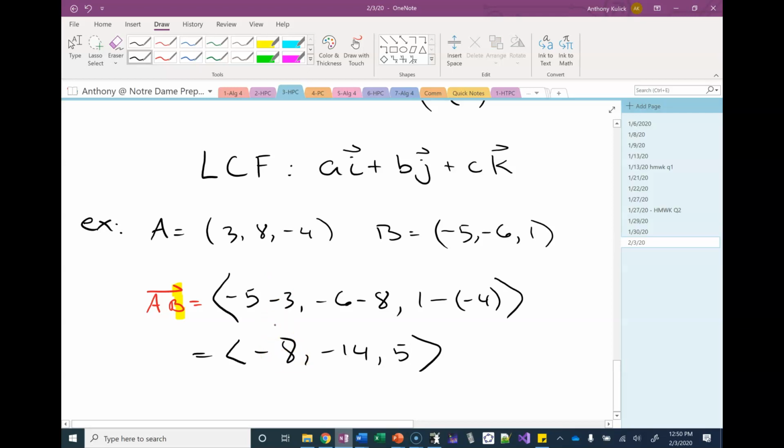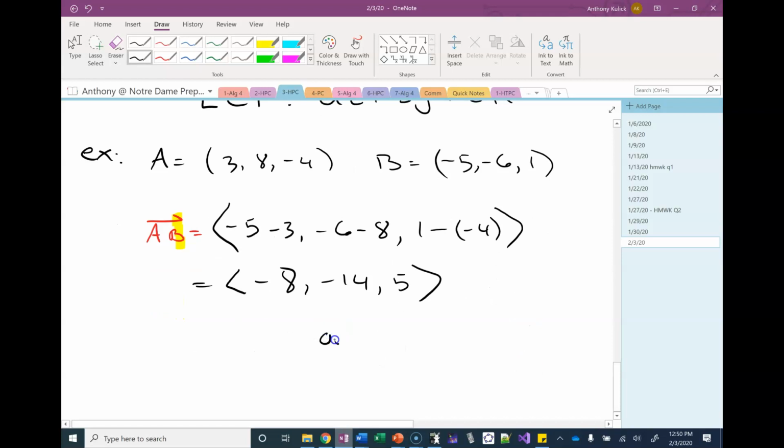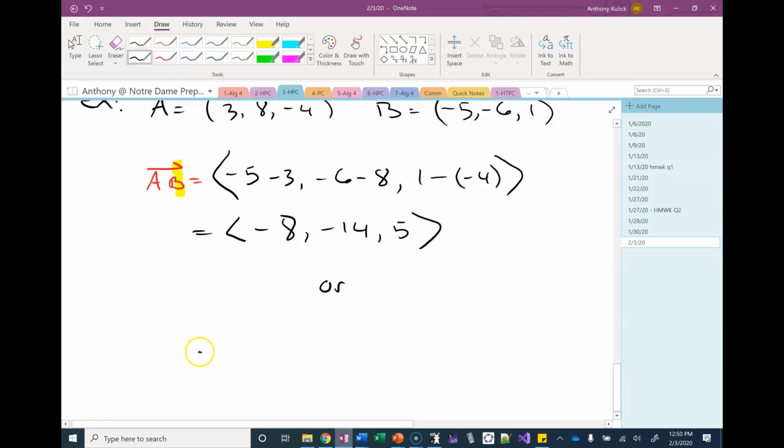Everybody good with that? So just like we did in 2 dimensions, right? What if I wanted to write this in IB component form instead? How would I write it? Well, I just write it as a column vector, right?